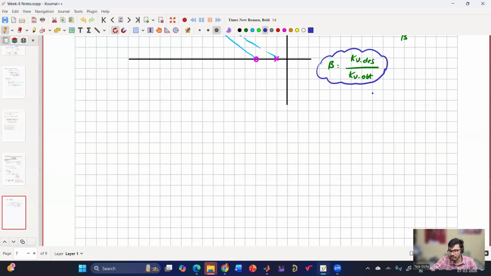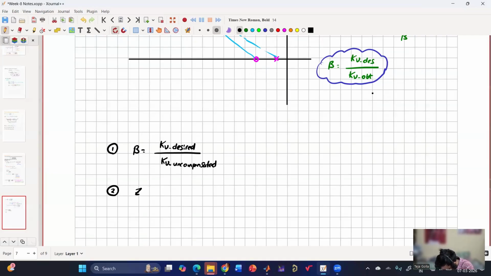So the first thing is beta is KV desired by KV of the uncompensated loop.